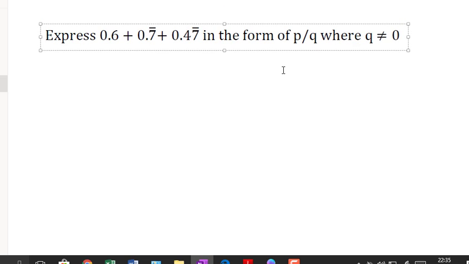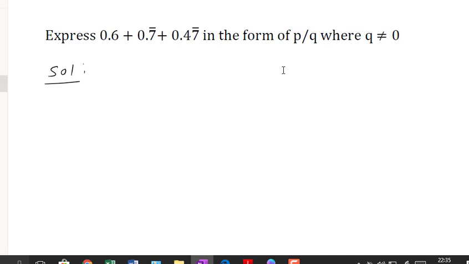We have to express 0.6 plus 0.7 bar plus 0.47 bar in the form of P upon Q. So individually first we will find the value of each in the form of P upon Q. So 0.6 is equal to 6 divided by 10.